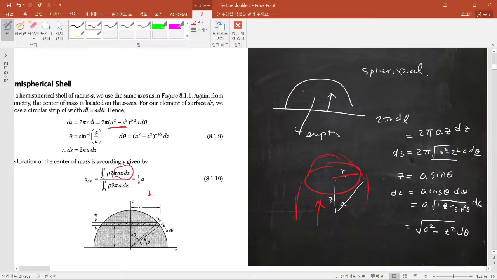The center of mass is located at precisely half of this in this case, because it is not heavier on the lower side, since the mass is distributed around the shell here. So in this case it turns out to be precisely 1/2 a.